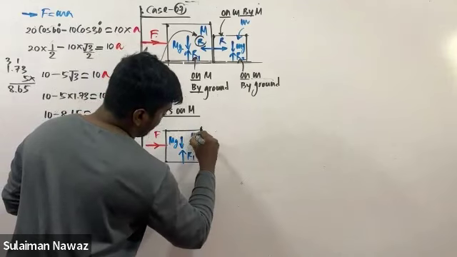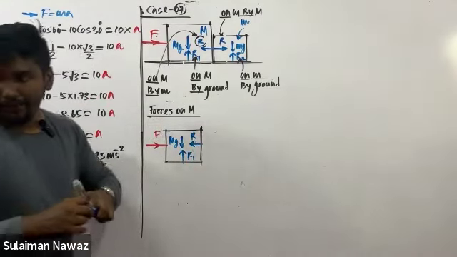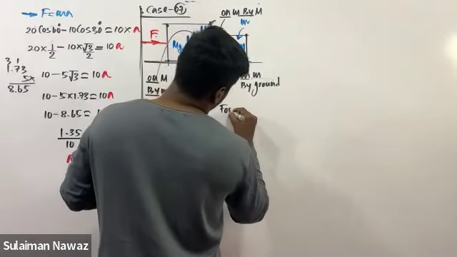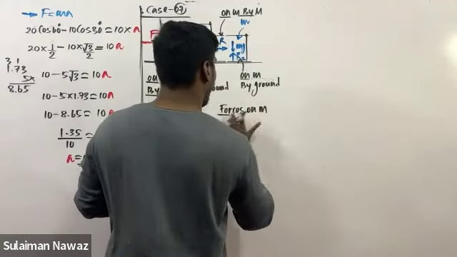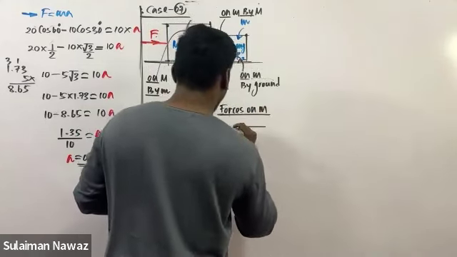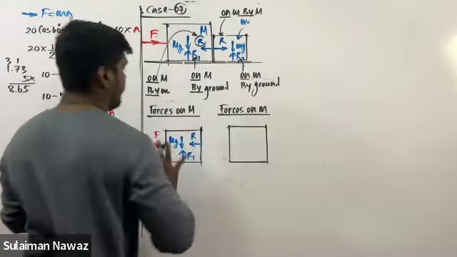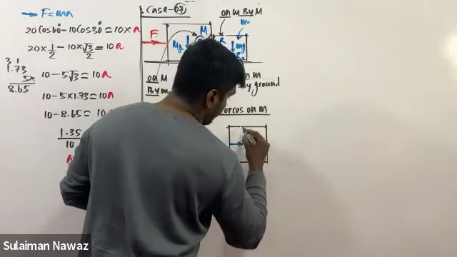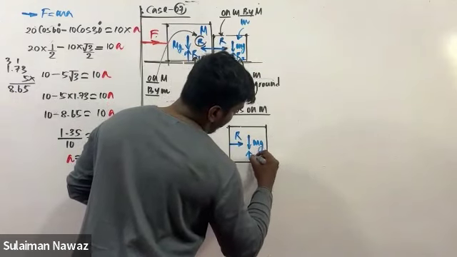There are 4 forces acting on capital M. Draw this diagram also. If you mark the forces on small m, there are 3 forces: R to the left side, small mg downwards, R2 upwards.